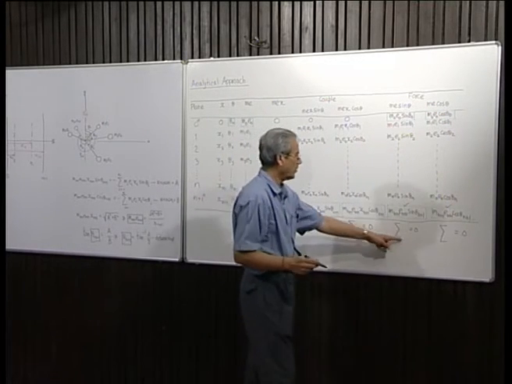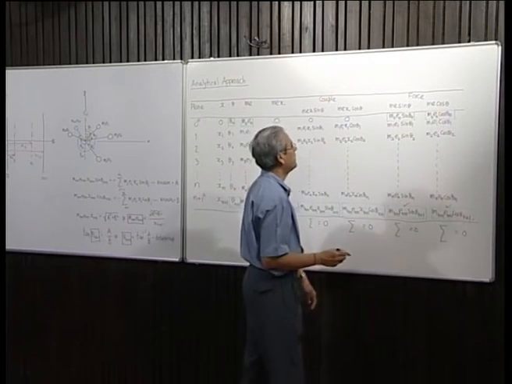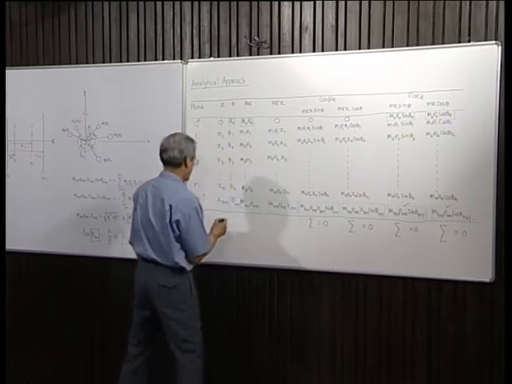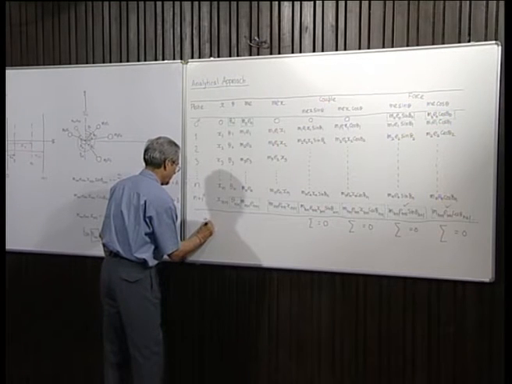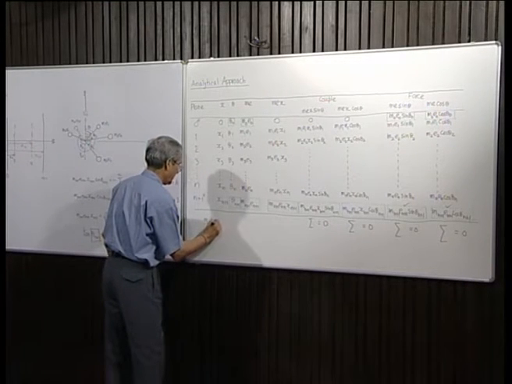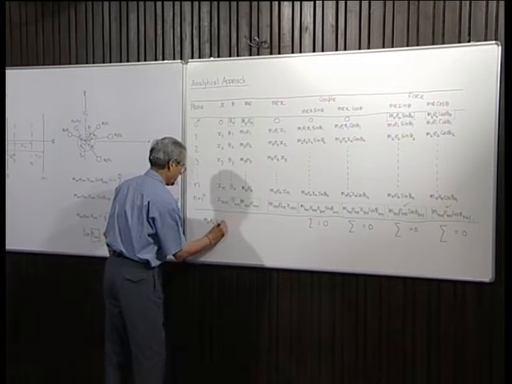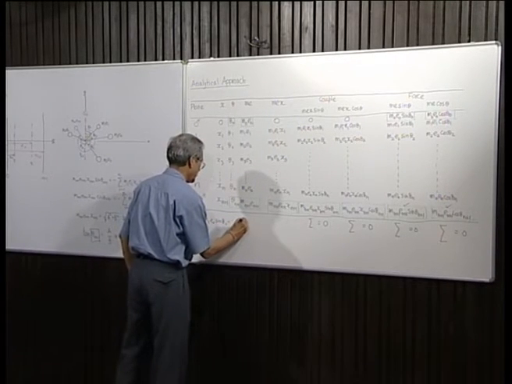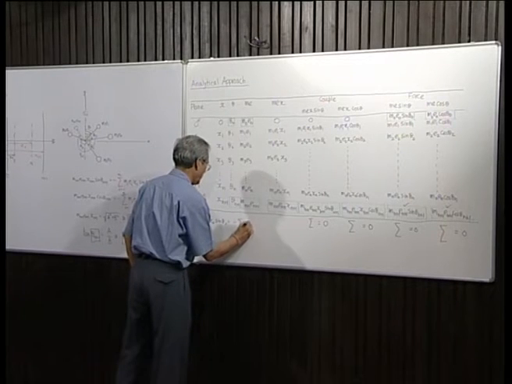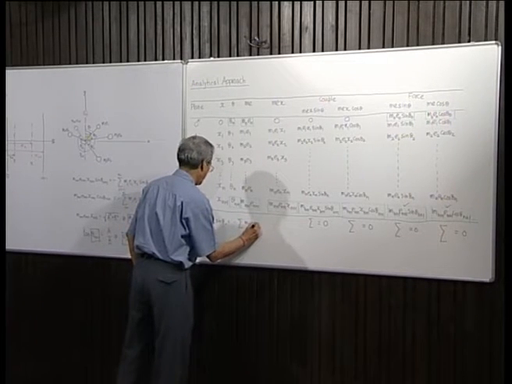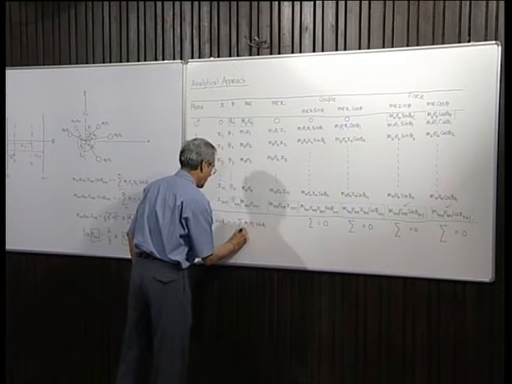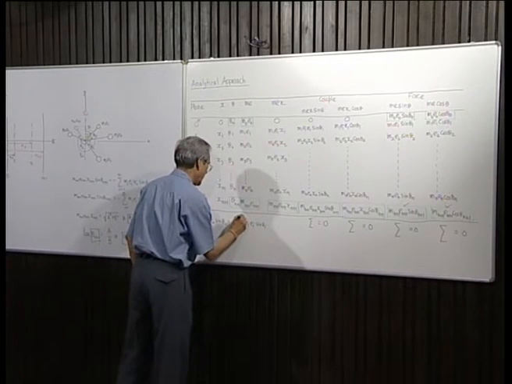So, from this equation and this equation, only one unknown remains, and we can write that it is equal to minus the sum total of I equal to 1 to n plus 1.